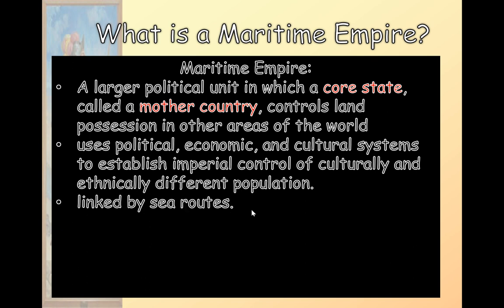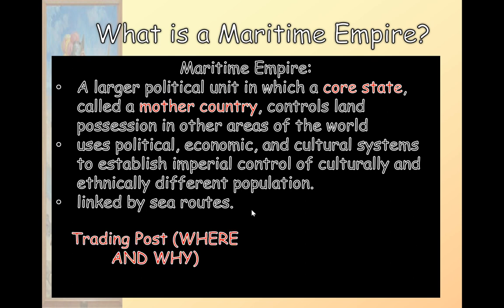Now, here are the big differences. They are linked by sea routes. So, when we talk about the how, a land empire uses gunpowder weapons, especially cannons. A maritime empire is going to rely upon maritime technology. There are two types of empires that we're seeing built. We see trading post empires, which consist of forts located in key entrepôt cities in the Eastern Hemisphere.